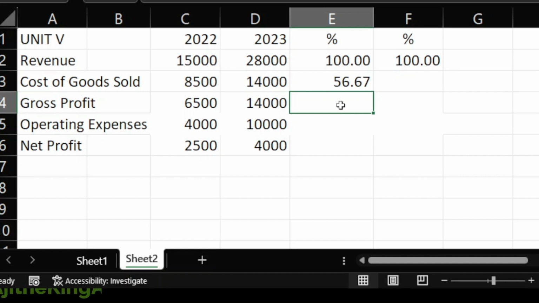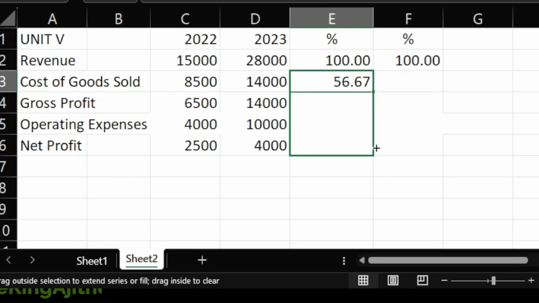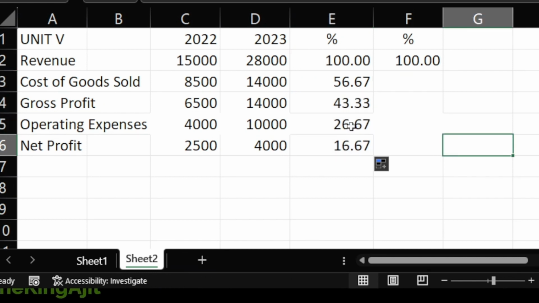Then how much would be that gross profit? We'll copy this part. Cost of goods sold is 56 and thereby gross profit comes down to 43% and operating expenses incur 26% and thereby net profit is 16.67%.